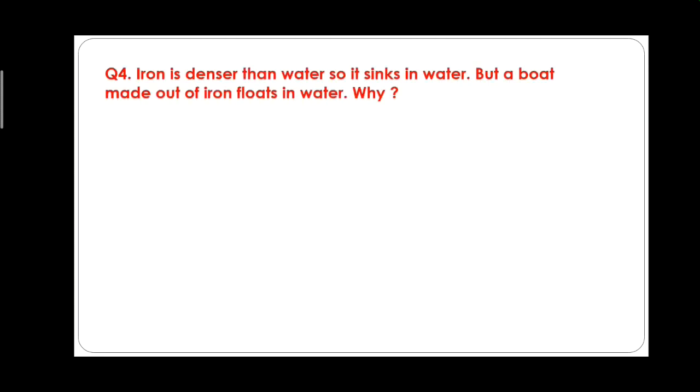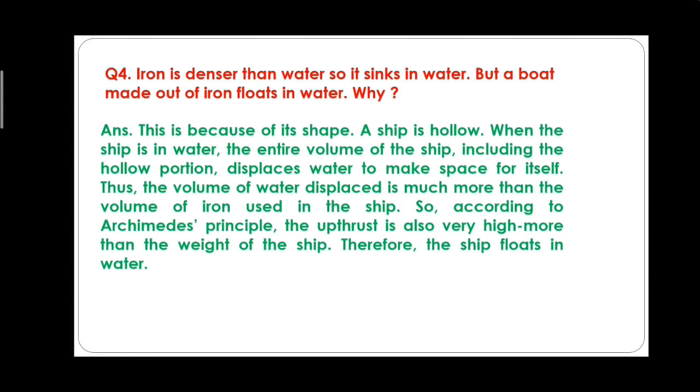Next question. Iron is denser than water, so it sinks in water. But a boat made out of iron floats in water. Why? Answer. This is because of its shape. A ship is hollow. When the ship is in water, the entire volume of the ship, including the hollow portion, displaces water to make space for itself.